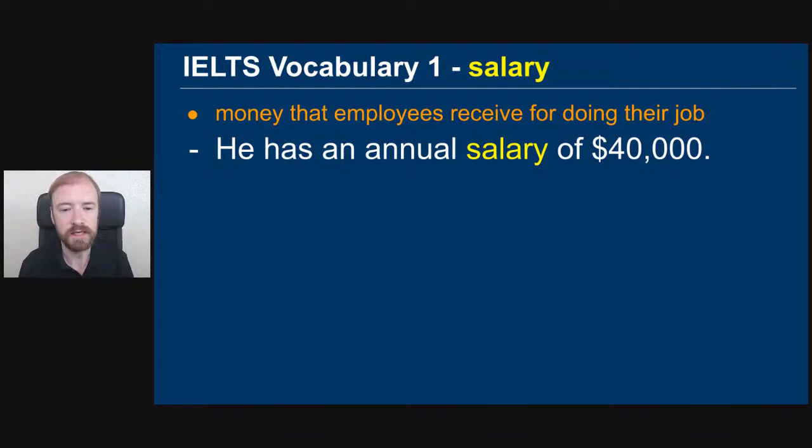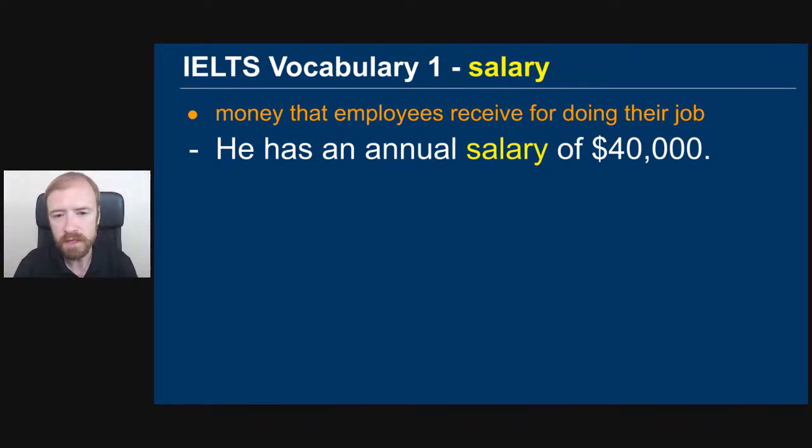Sometimes the salary is given every week, every 2 weeks, but I think the most common period is 1 month, every month. For me, I get my salary every month. And then you can calculate, as you can see in the example sentence, he has an annual salary of $40,000. An annual salary: the entire year calculated is $40,000.